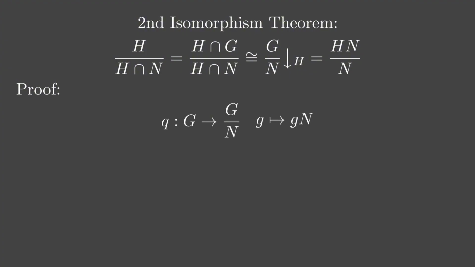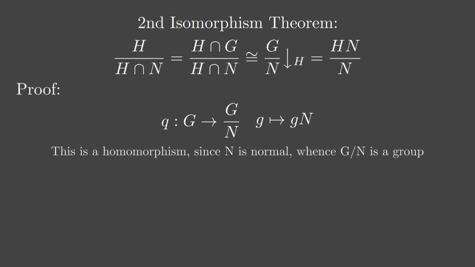We're going to do so by applying the first isomorphism theorem to the canonical quotient map Q from G to the coset space of G quotiented by N. This map is a homomorphism by virtue of N being normal, which is a crux of the role that normal subgroups play in being able to form well-defined quotient groups.